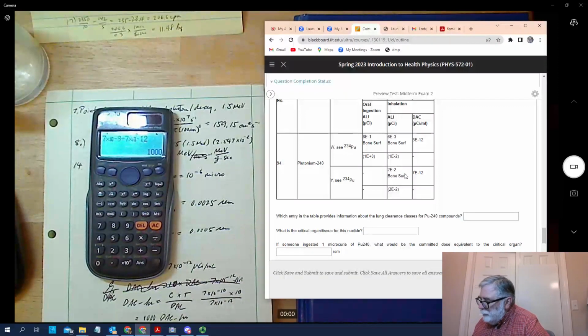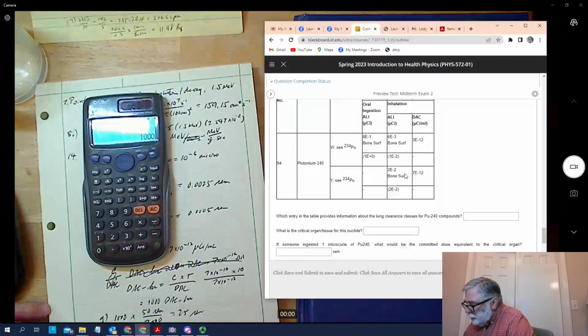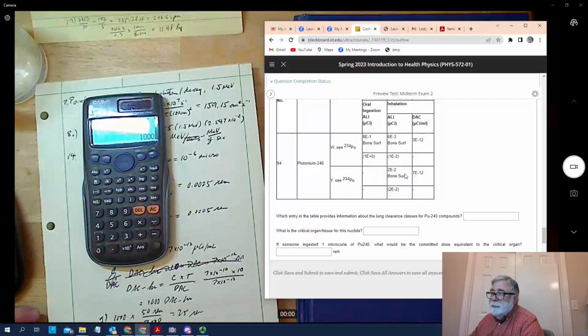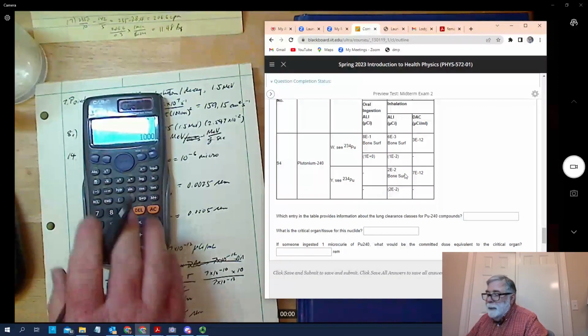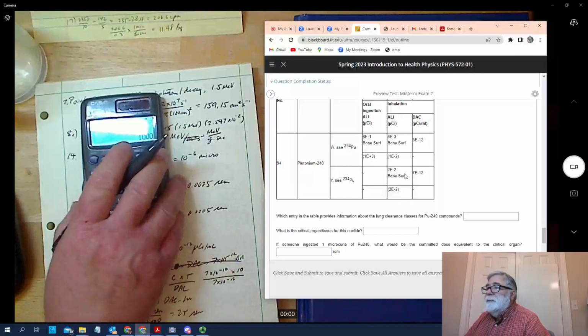But 2,000 DAC hours is now 5 rem, because it's a whole body exposure. That's the whole body limit. So 1,000 times 5 rem over 2,000 hours is half of that, 2.5 rem. And that's the answer we got.